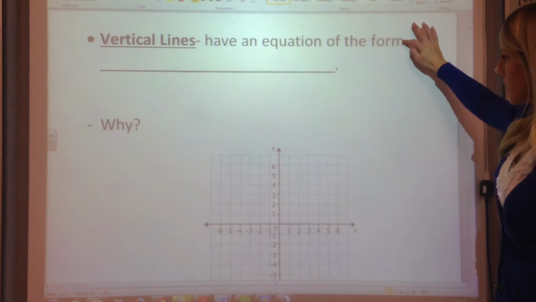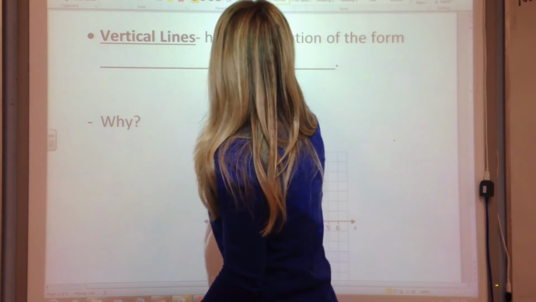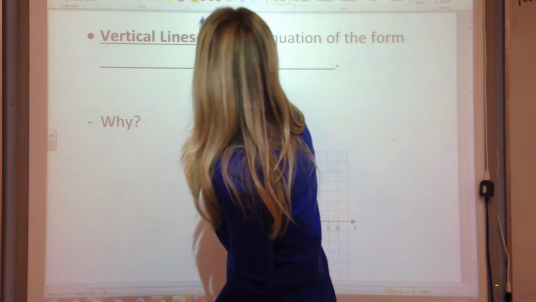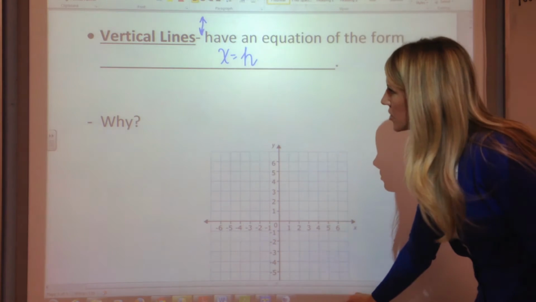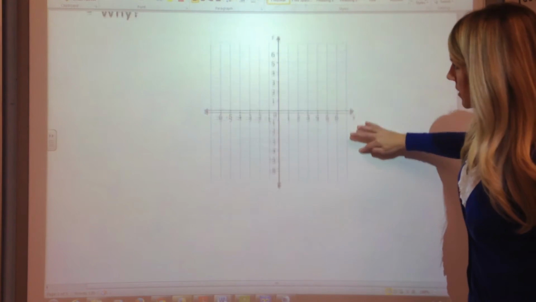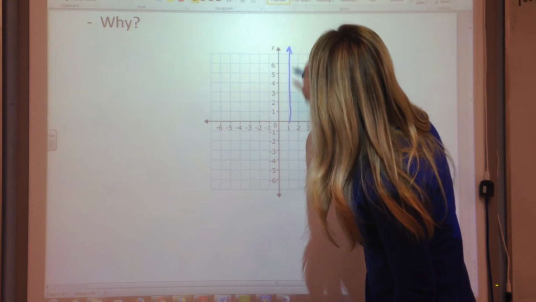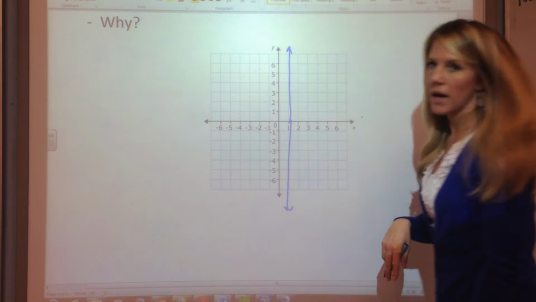So then vertical lines have an equation in the form x equals h. Again, h just being some number, and vertical, remember, that is up and down. Well, why is that true? Well, let's look at this on the graph again. Let's look at a vertical line, and we'll draw that one in.